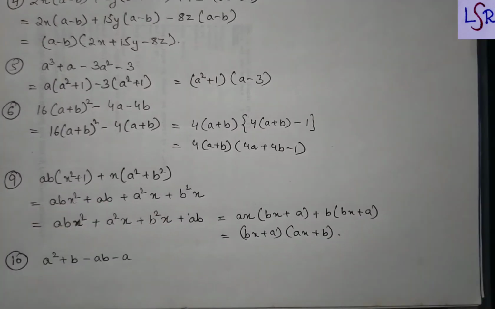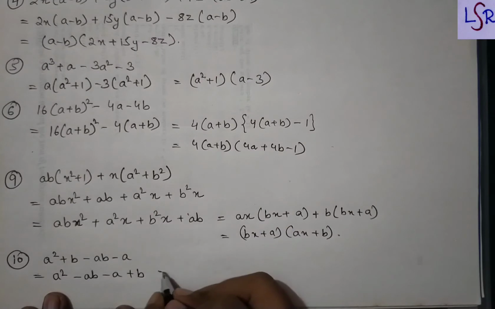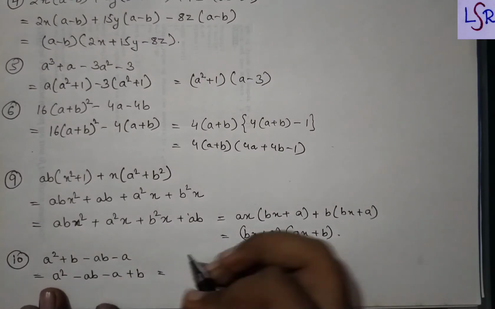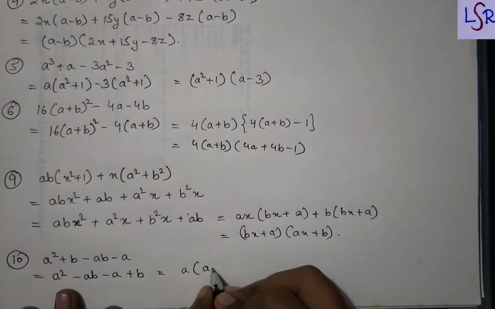Now let's see question number 10. Here we see that it is a square plus b minus ab minus a. Again we can't take anything common from these two, so we are going to shift this b to the last. After shifting we can take the commons. Now from the first two we can take a as common and we'll be left with a minus b.